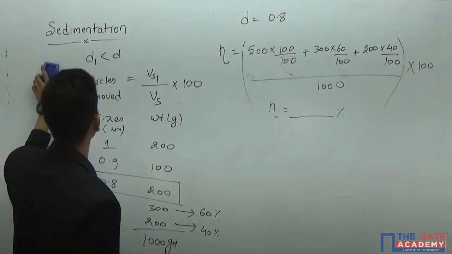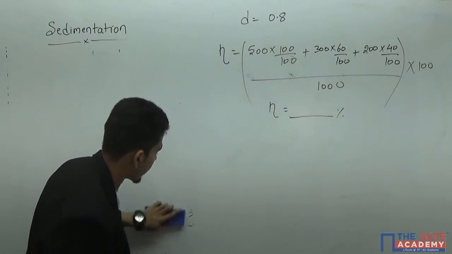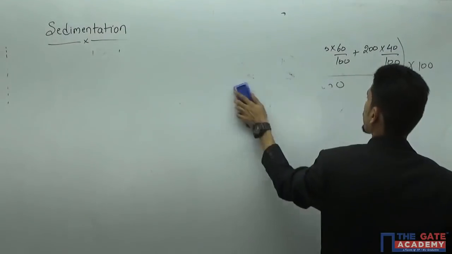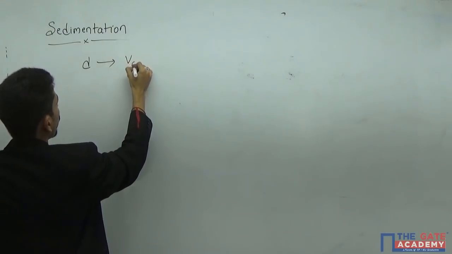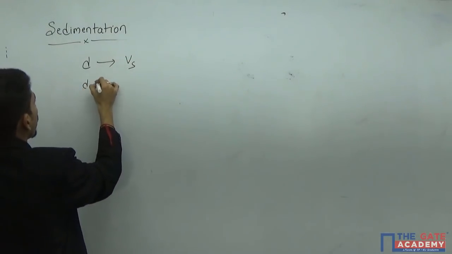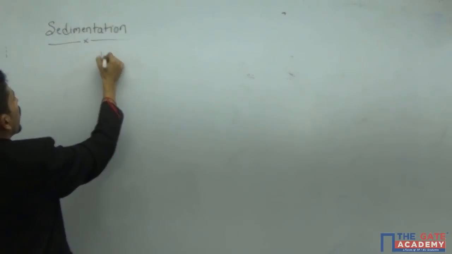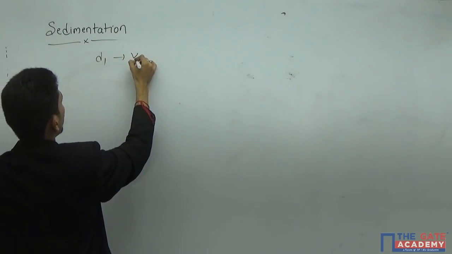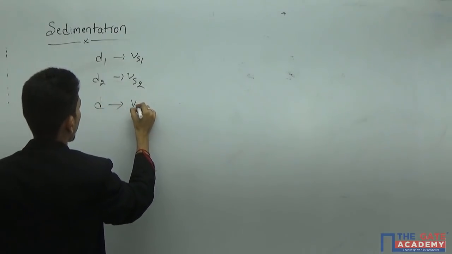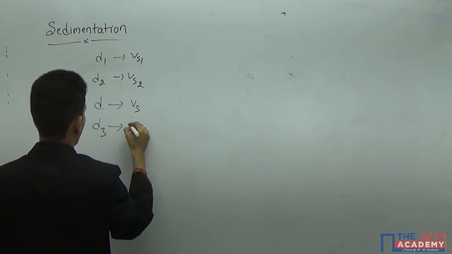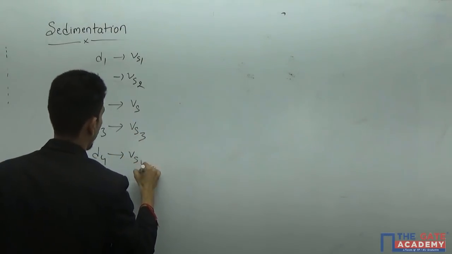The other method will be, he will give you some settling velocities corresponding to each particle size. For example, D1, Vs1, D2, Vs2, D3, Vs3, and D4, Vs4.